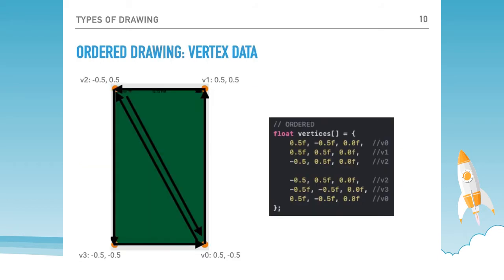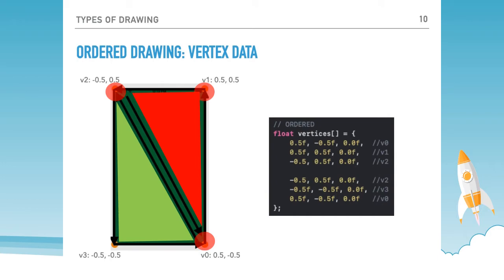Now let's consider the case where you are trying to draw the square shown in this diagram. First you have to draw the first triangle, which goes between vertex 0, vertex 1, and then vertex 2. And then you have the second triangle, which goes from vertex 2, vertex 3, and then vertex 0.